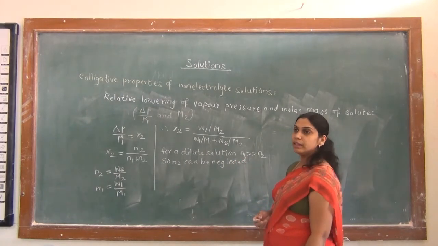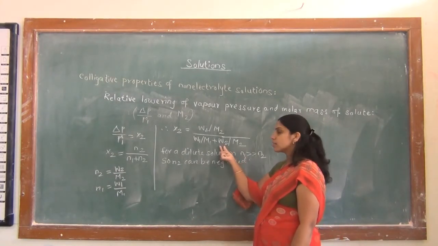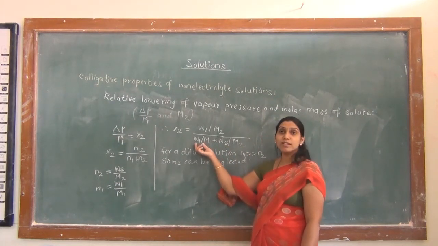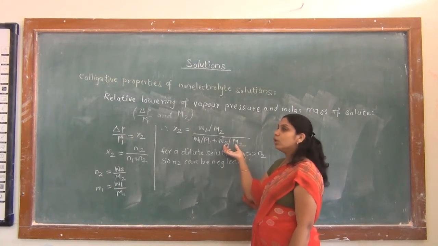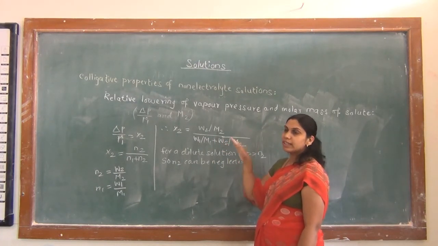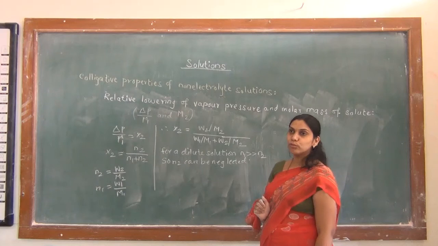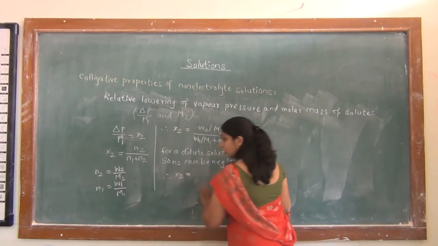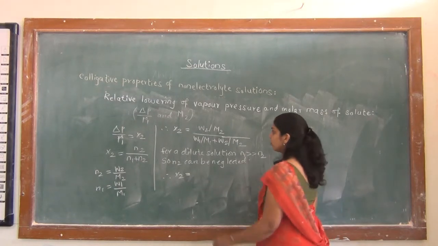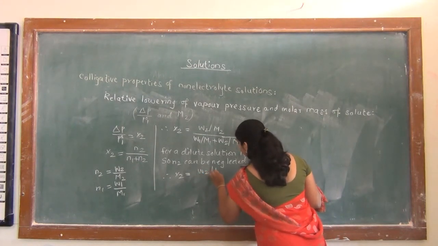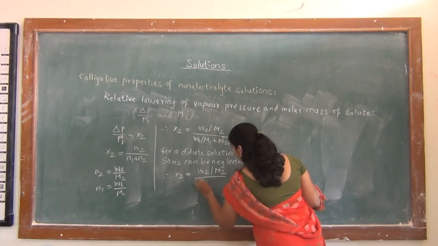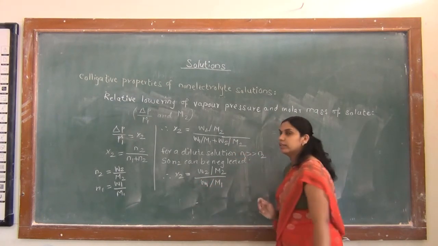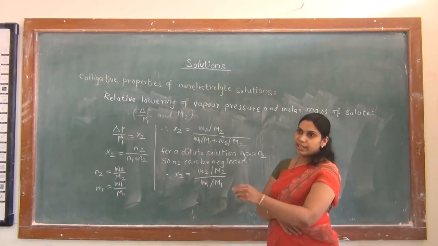What is the n2 part? That is W2 upon M2. As the number of moles of solvent is more as compared to the number of moles of solute, we can neglect the number of moles of solute. And therefore, the new equation for x2 will be W2 divided by M2 upon W1 divided by M1. This is the equation for x2.